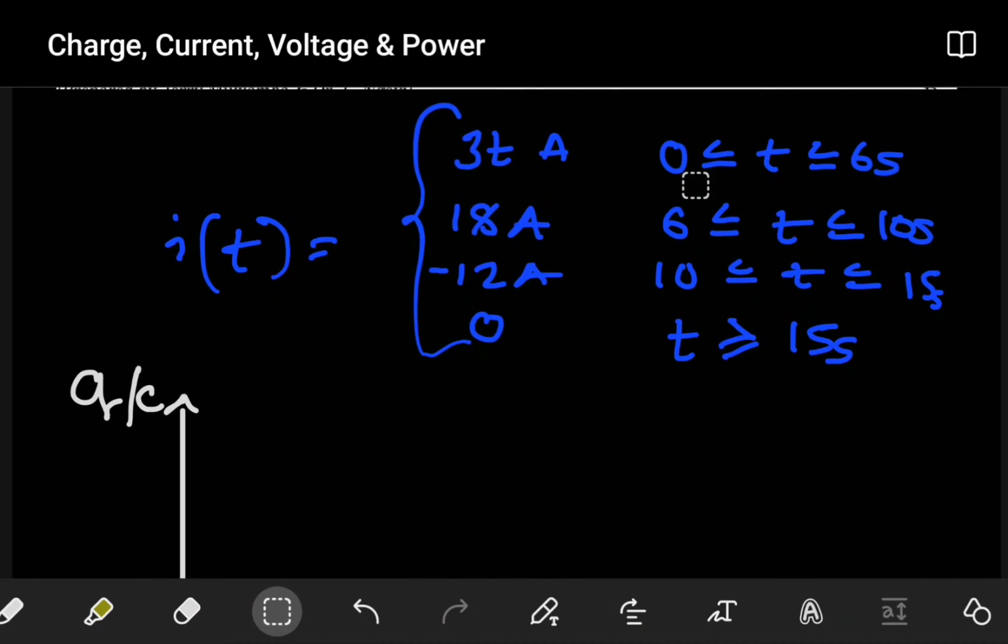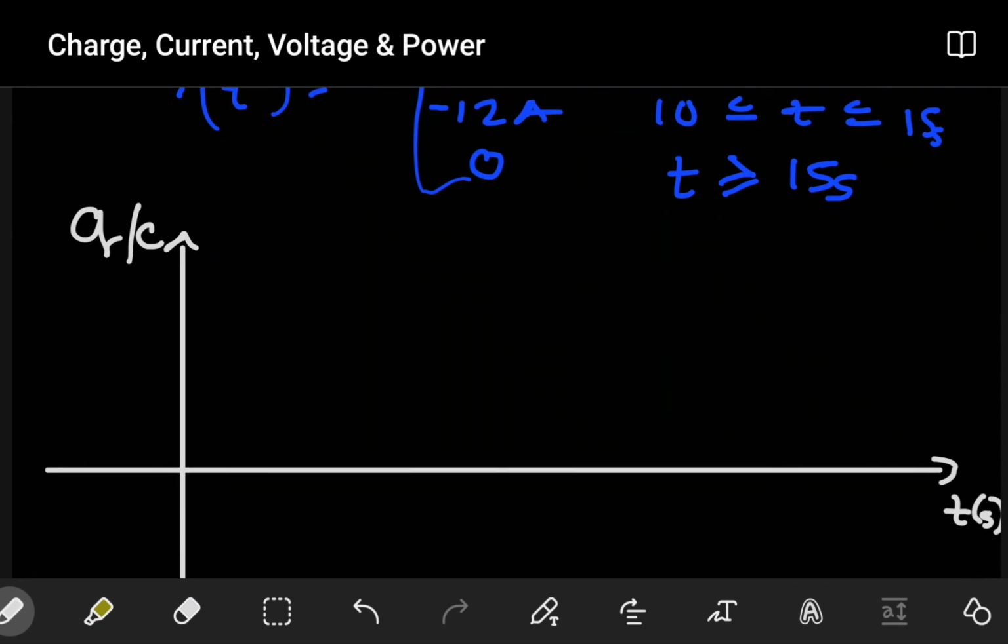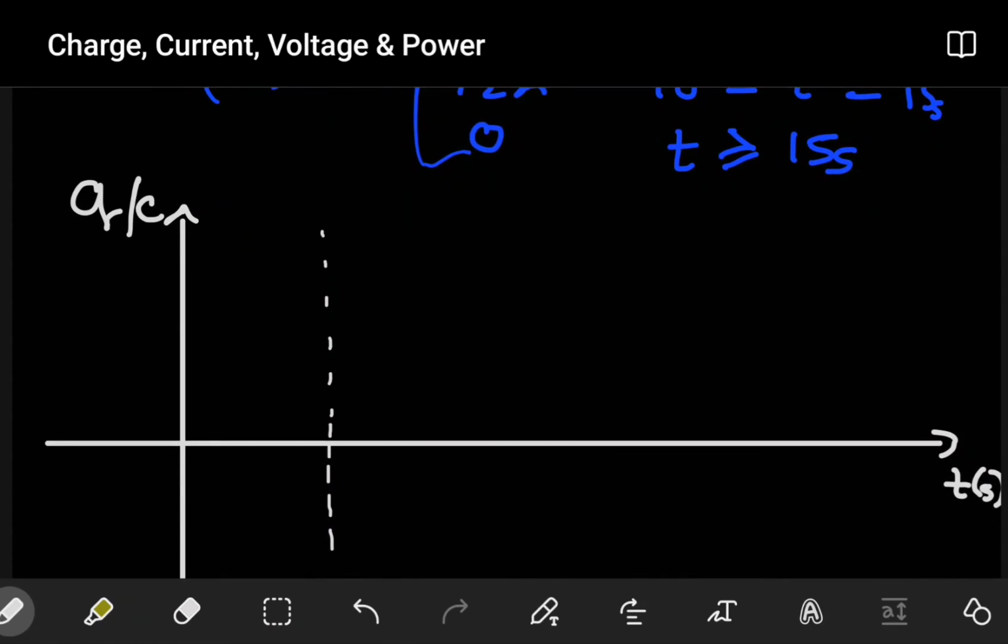So for the first interval, that's from 0 to 6 seconds, you can just put it somewhere. You can say that this is where our 6 seconds is. So this is where the graph will be. Then the next point of interest is going to be 10, somewhere here.